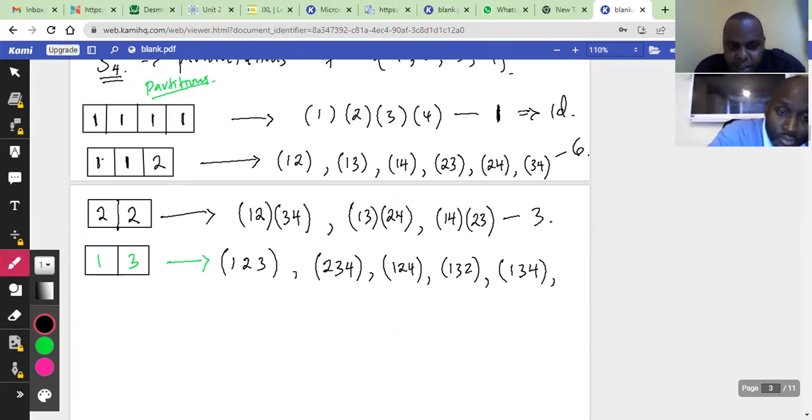What is the inverse of 2, 3, 4? Do you know how to pick an inverse of a permutation by instinct? The inverse of 2, 3, 4 is going to be 2, 4, 3.